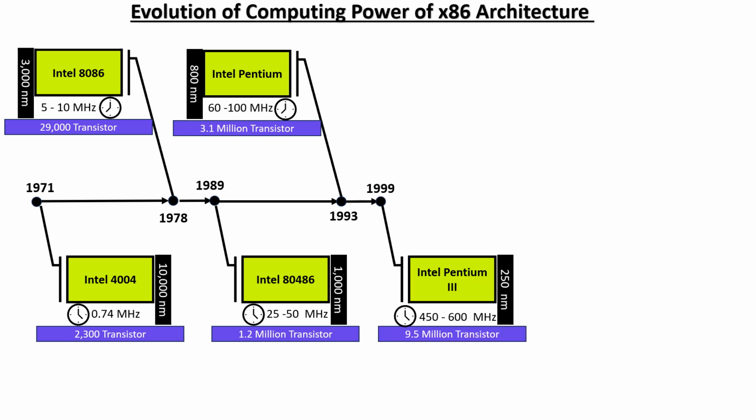In 1999, Intel Pentium 2 actually further enhanced the CPU computing power, and it came with 9.5 million transistors. The working length further reduced to 250 nanometers, and clock speed enhanced up to 600 megahertz. So this was a great achievement again by Intel.